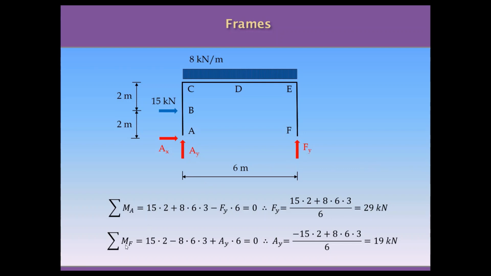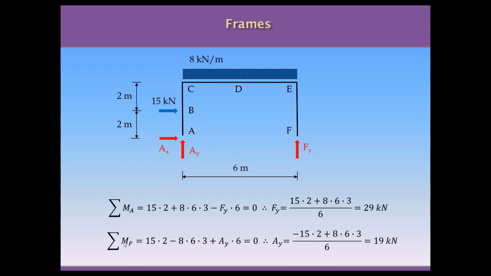Simple. If we take moments around the point F, we do the same considerations in terms of all the moments around the point, and we can work out the value of the reaction AY, which is 19 kilonewtons.